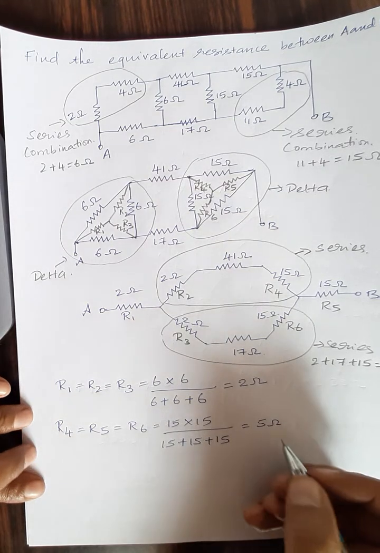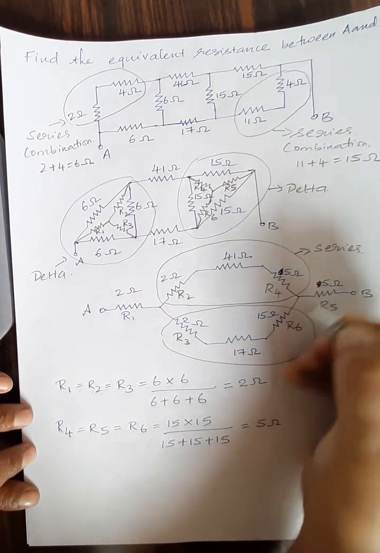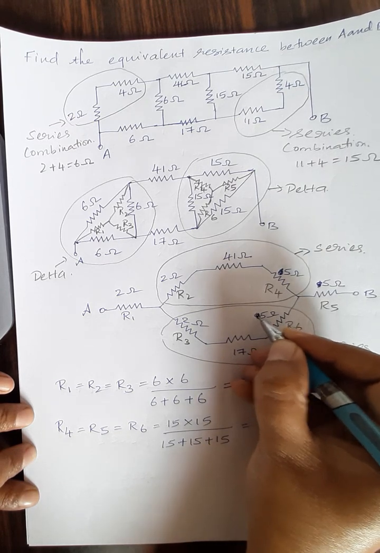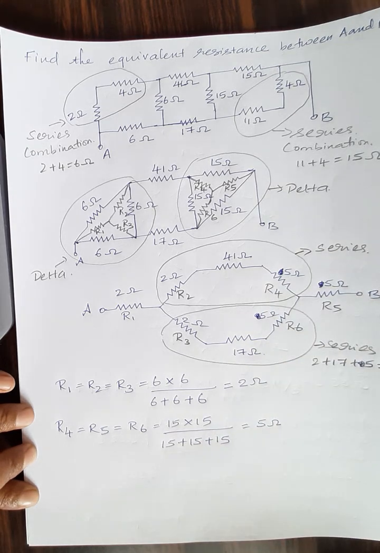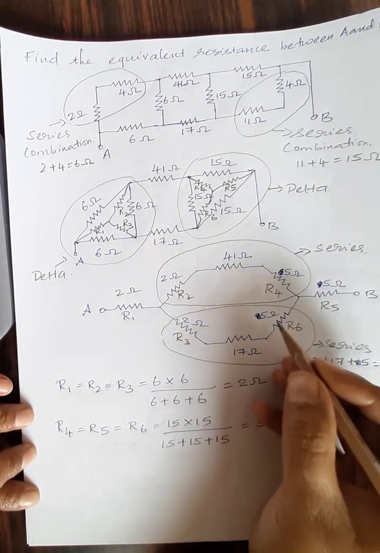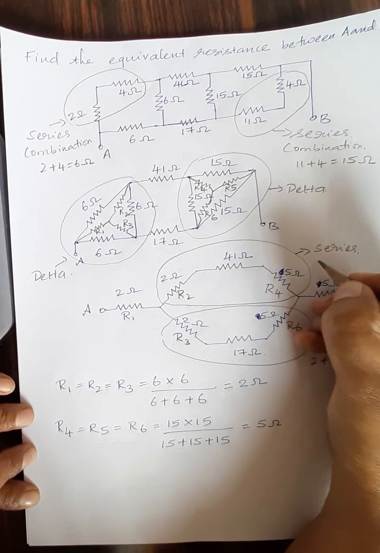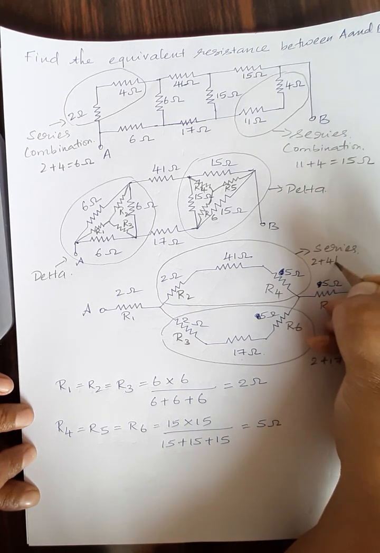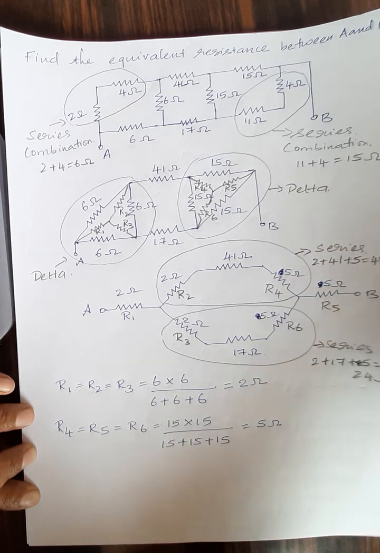R4, R5, R6 you got 5 ohm. Sorry, I have written here 15 ohm. This is 5 ohms. So in the series, when you add these resistances, 2 plus 17 plus 5, you will get 24 ohms. Similarly, here you add 2 plus 41 plus 5, you will get 48 ohm.